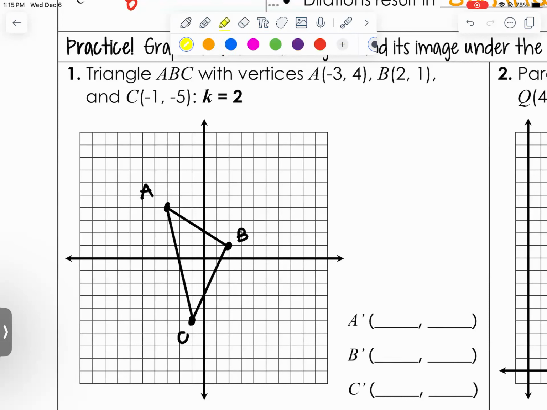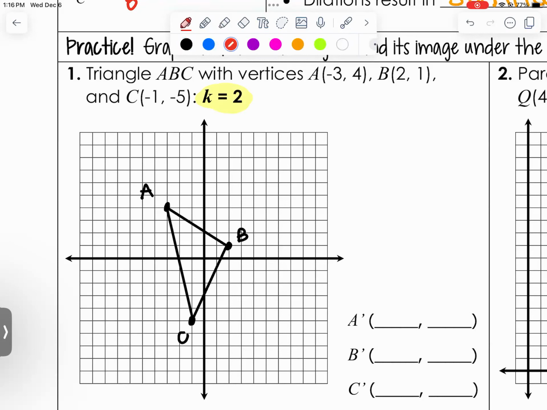Okay, here we go. What's our scale factor, number 1? That's not the scale factor. What's the scale factor? 2. Okay, k equals 2. All right, our scale factor is 2.